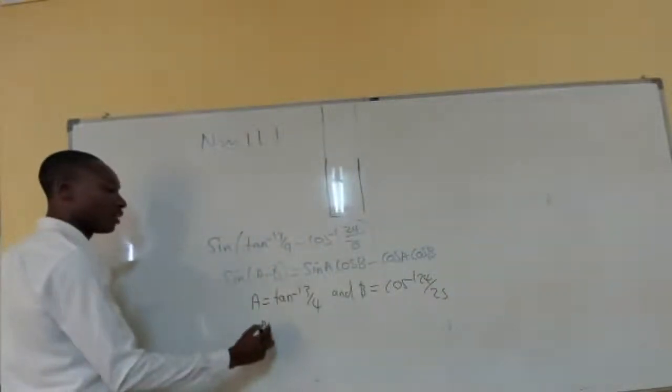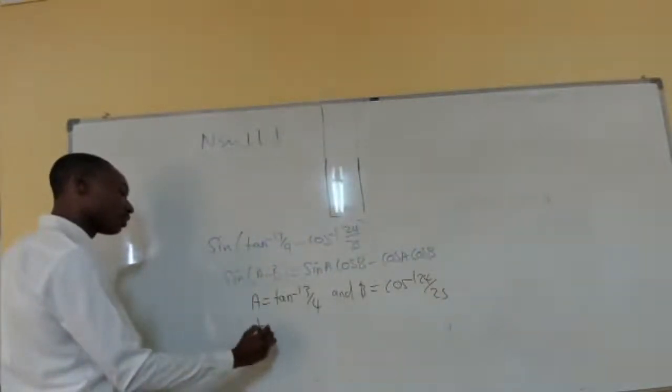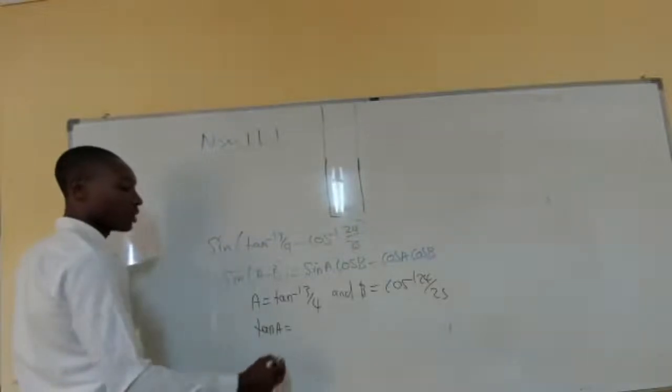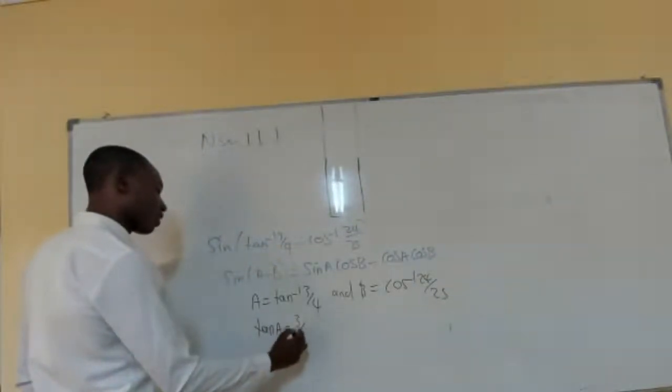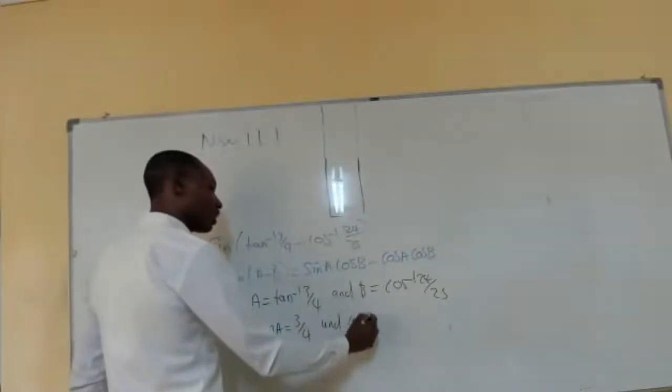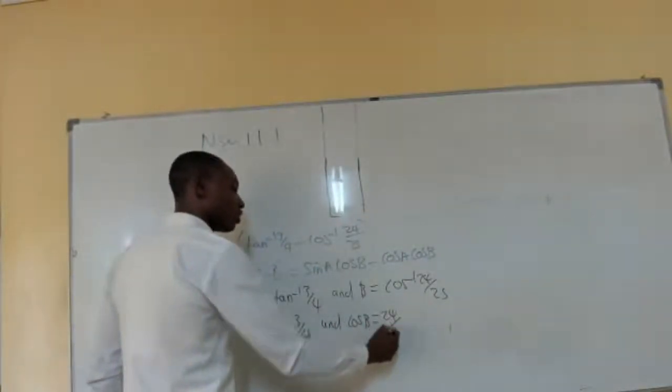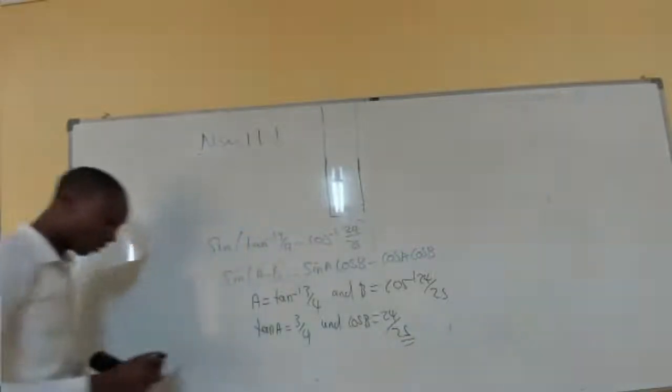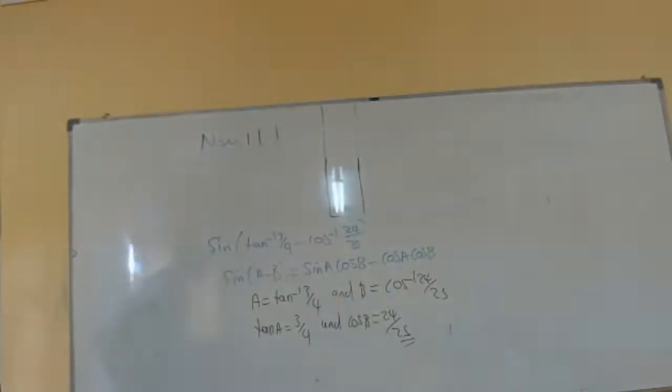So tan A can be written as 3 over 4 and cos B can be written as 24 over 25. Okay, so from there we're going to find the trigonometric ratios.